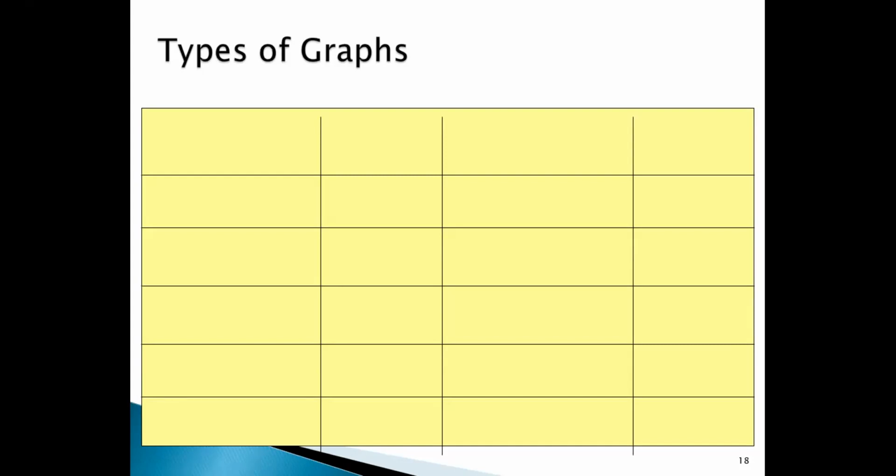Three types: simple, multi, and pseudo. Yes. Okay, and directed graph? Single and multiple maybe. Yes, directed simple graph and directed multigraph. Basically, these are the types of graph we have learned. Okay.